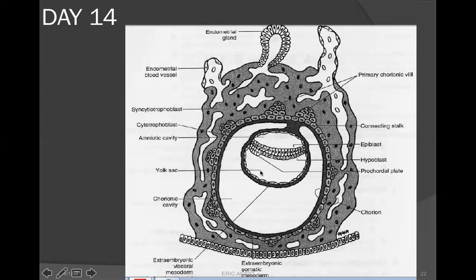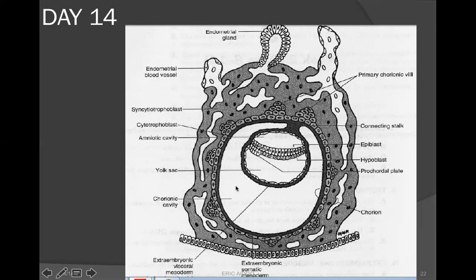You now have the yolk sac, which is the secondary yolk sac. Then you have the extraembryonic visceral mesoderm, which will surround the yolk sac, the extraembryonic somatic mesoderm, which will be very close to the cytotrophoblast. And then you have the cytotrophoblast itself and then syncytial trophoblast. So those three will form the chorionic membrane.